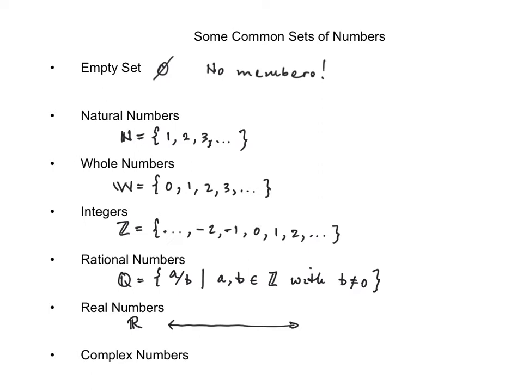And then finally, we have the set of complex numbers denoted by C. This is the set of all things of the form a plus bi, where i squared is equal to minus 1, and a and b are real numbers.